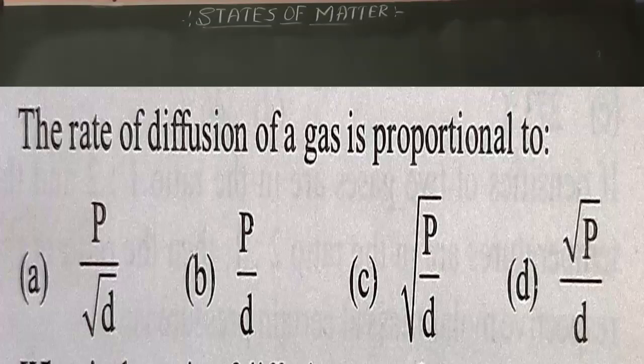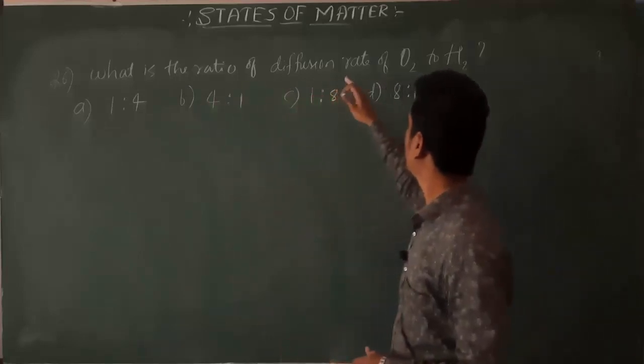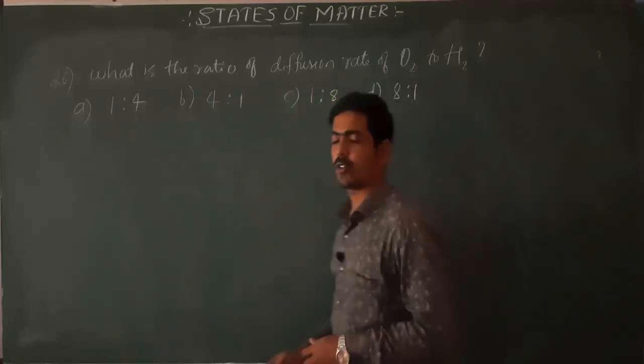Therefore, P divided by square root of D is the correct answer. That is option A, rate of diffusion of gas is proportional to P divided by square root of D. Option A. 26th question. What is the ratio of diffusion rate of oxygen to hydrogen?